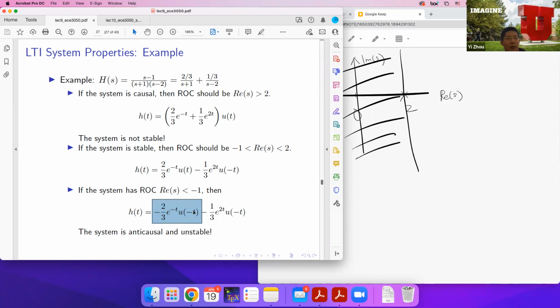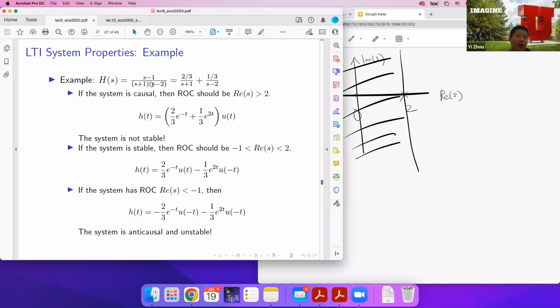As t goes to negative infinity, e to the power of negative t blows up to infinity, which makes the impulse response not absolutely integrable, and therefore the system is unstable.